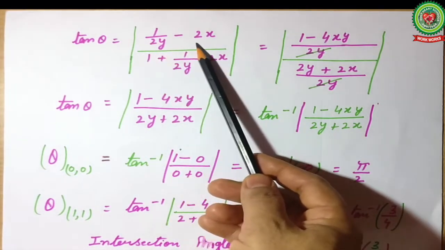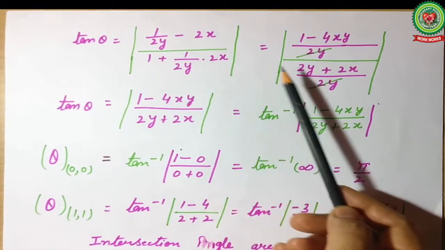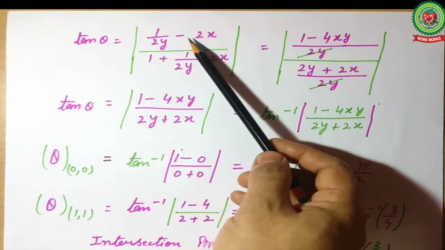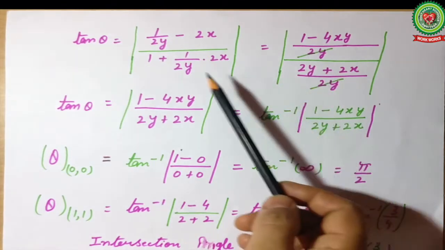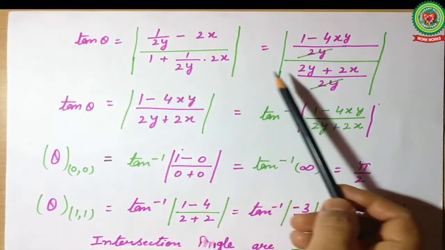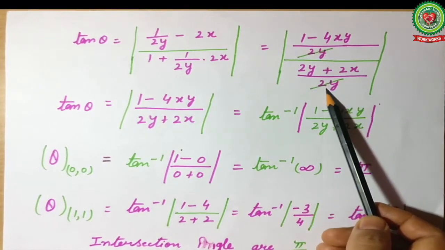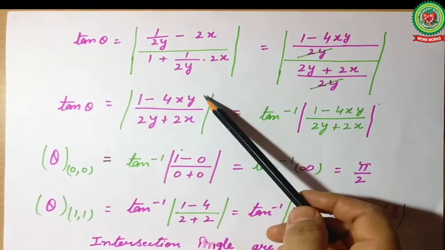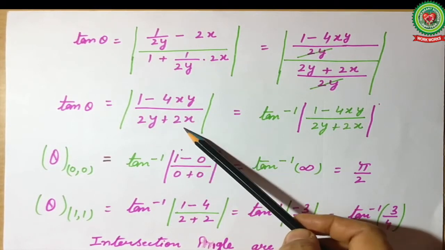Now take LCM 2y in the numerator and 2y in the denominator. When you multiply 2 into 2, it becomes 4xy, and in the denominator it becomes 2y plus 2x. Now 2y and 2y cancel. We have tan theta is equal to modulus of (1 minus 4xy) upon (2y plus 2x).